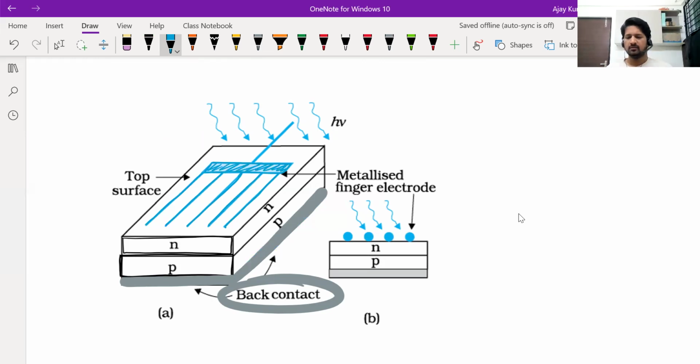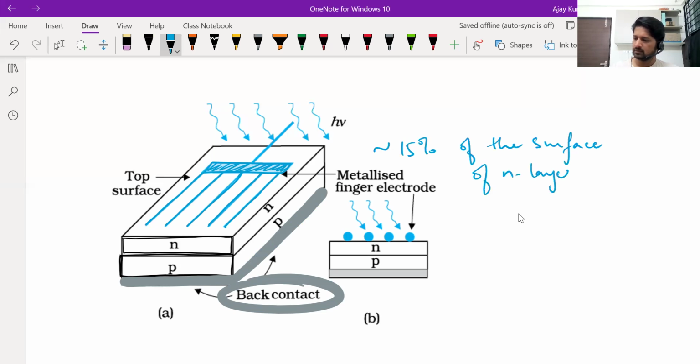Fine. But most of the surface of the N layer is open. Only a part of it is covered by this electrode, you can say. Approximately 15% of the surface of the N layer is covered by metal. Okay.